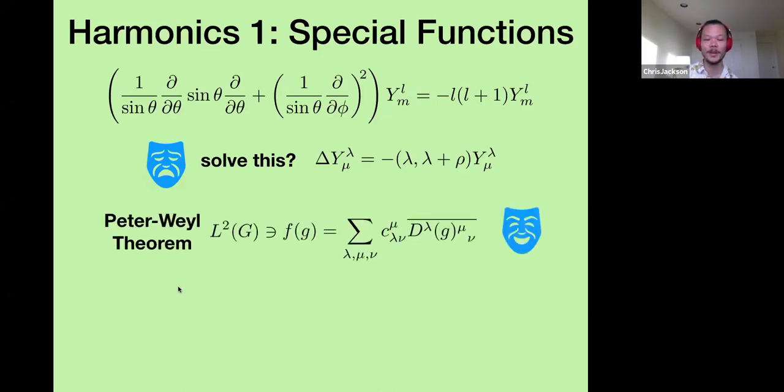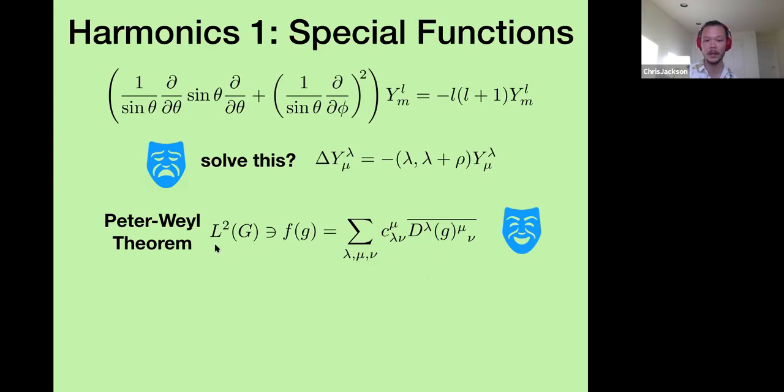And that better way has to do with a realization that Hermann Weyl and a student of his, Peter, had, which is that you should think about the matrix elements of representations of a Lie group as, well, it turns out that they are a complete basis for the space of all square integrable functions.